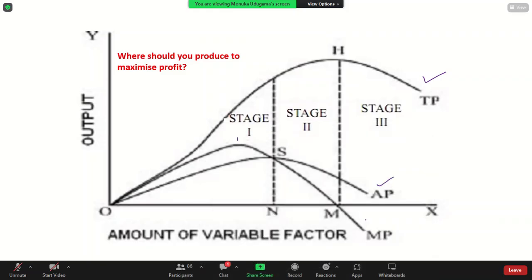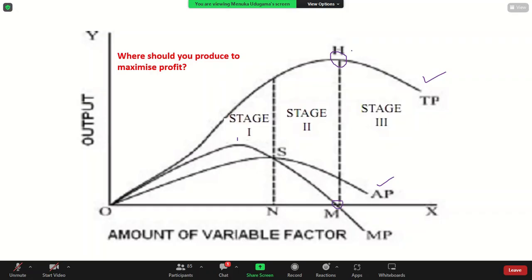right? So we can calculate all this using data, and once you do that, we can see that as the total product comes to a maximum yield, marginal product becomes 0, right? Marginal product becomes 0.